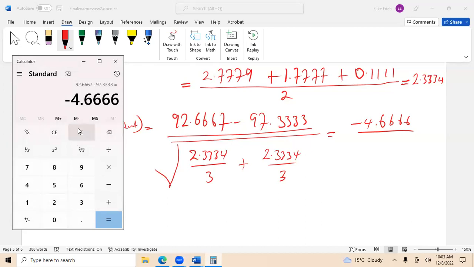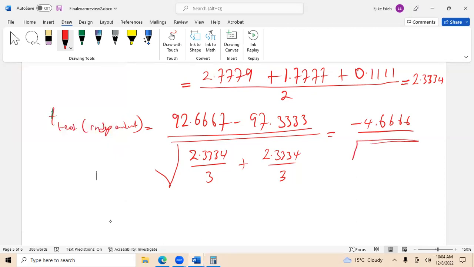So we have 2.3333 divided by 3, and that gives us 0.7778. Because they happen to be the same, we have 0.7778 plus another 0.7778. Right, this is all we have.